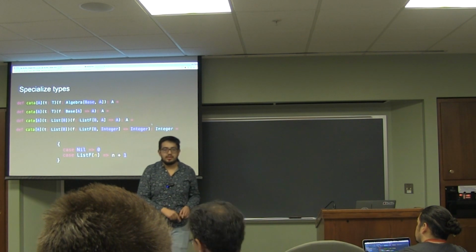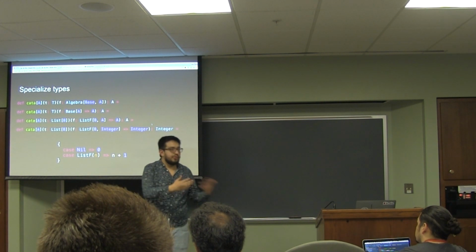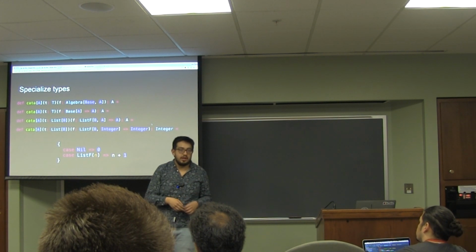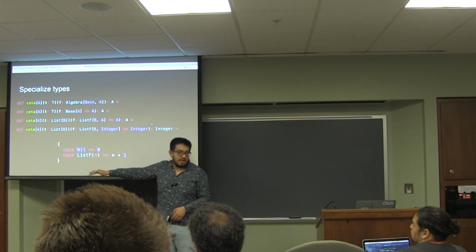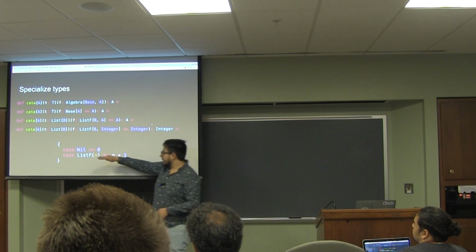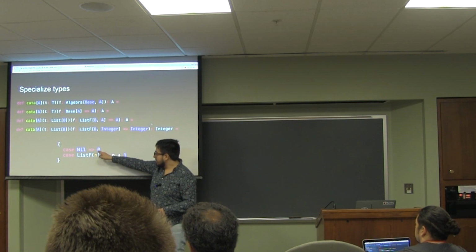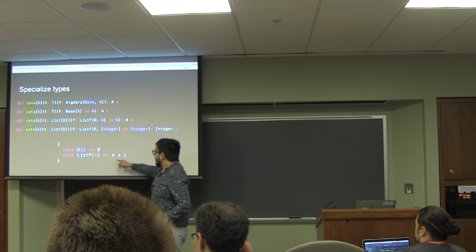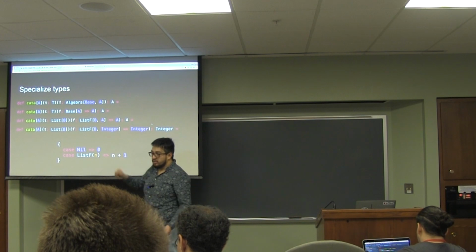So we will start with nil. This is equivalent to the base case of normal recursion. When you write a normal recursive algorithm, this is the base case, and this is the recursive case. So when we get to the end of the list, the length is 0, and when we get to the next element, we just add 1.